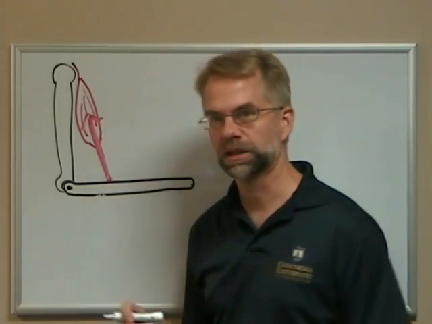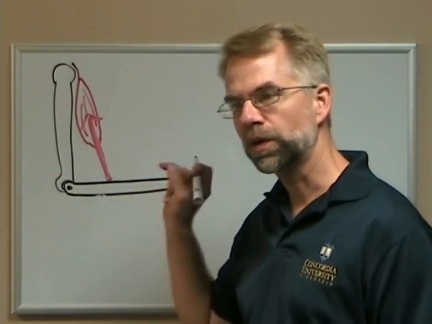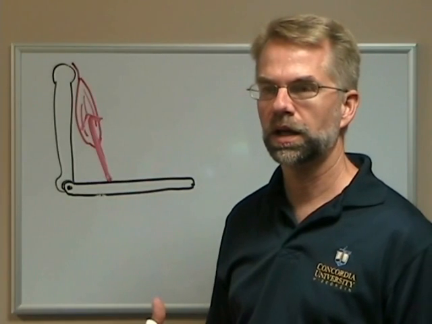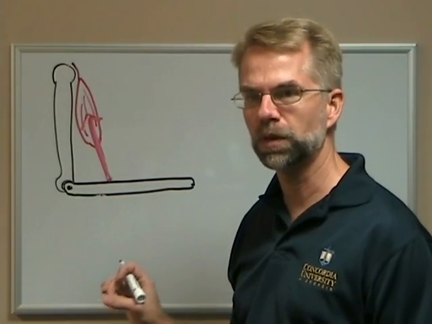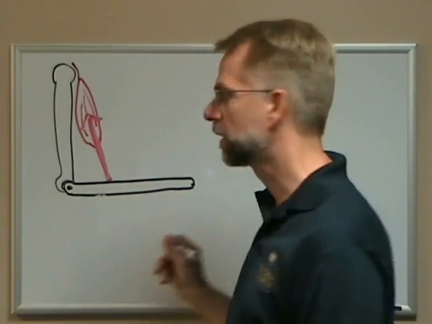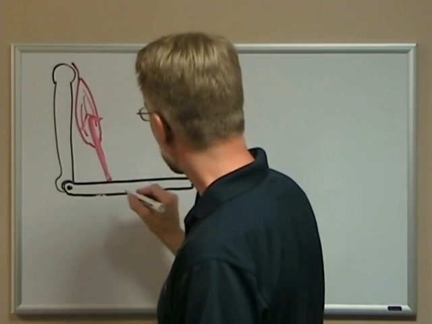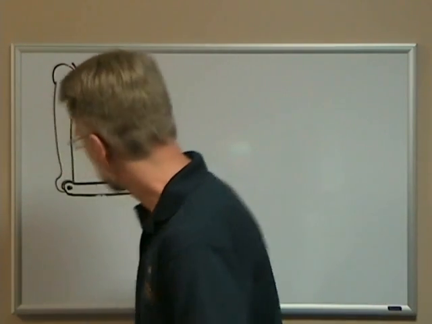I think in Newman it talks about one component always going through the long axis of the bone. That's true, but I think it's more helpful to say it always goes through the axis of joint motion, because sometimes we're dealing with bones that aren't all that long, and then it can get a little confusing.